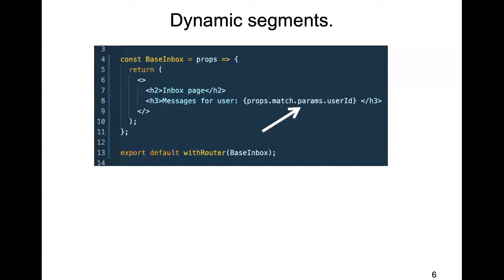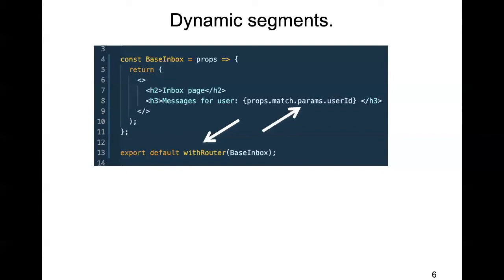Now it turns out that for the match prop to be available to our component, we have to use a special function called the withRouter function, which is provided by the React Router library. You can see that I'm calling this function and passing it my custom component.